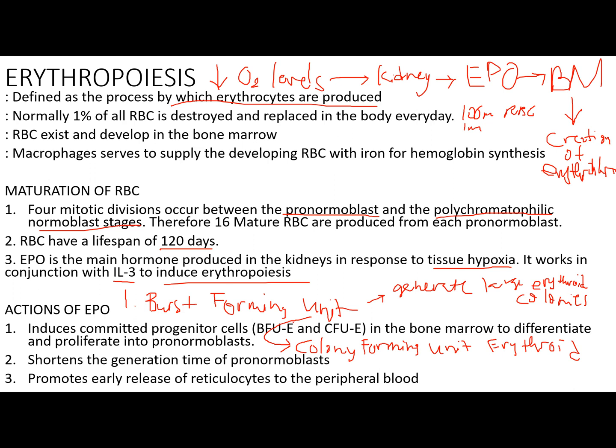Later on, class, itong BFUE would become a colony-forming unit erythroid. Then another action of your EPO is that it would shorten the generation time of your pro-normoblasts. And it would also promote the early release of reticulocytes to the peripheral blood. So please copy.